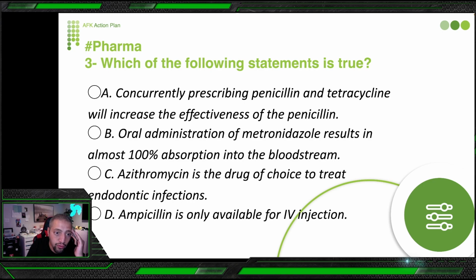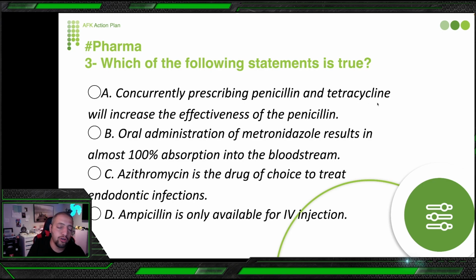So here you have 4 pieces of information. 3 you know are not correct, and 1 you have no clue about. So please do not say, okay, I don't know this information, so maybe penicillin and tetracycline can be used together. No, you know from your knowledge, from your hard study, that penicillin and tetracycline cannot be used together.